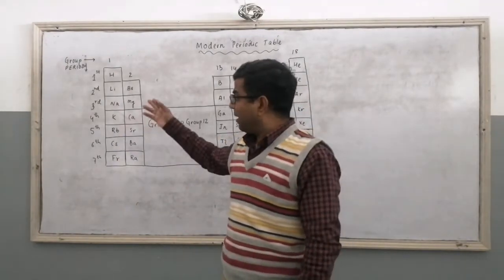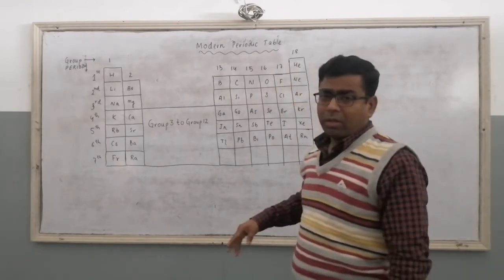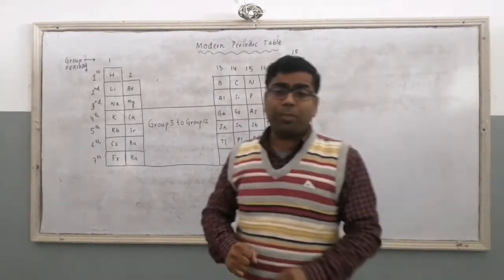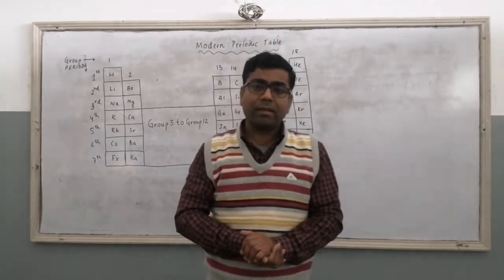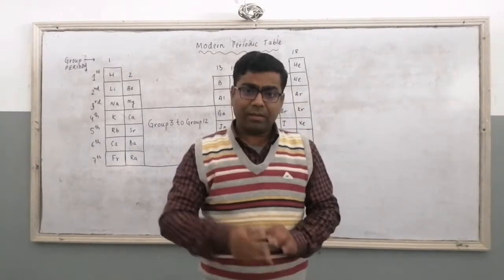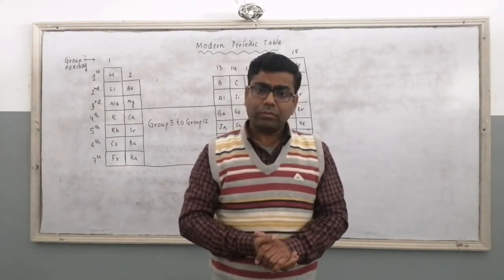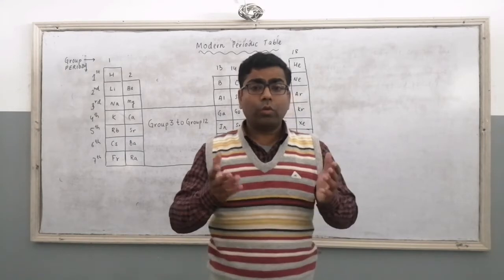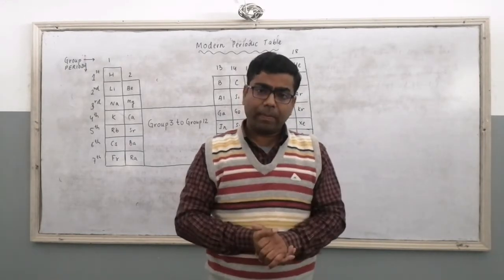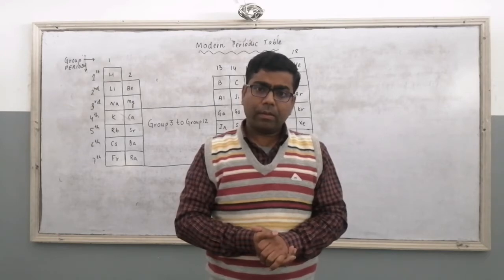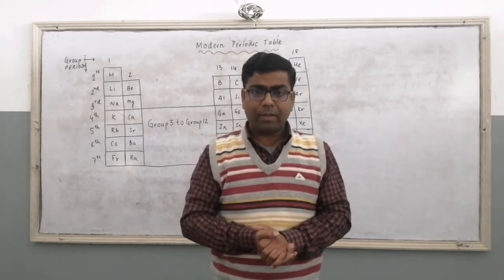Lithium, beryllium, boron, carbon, nitrogen, oxygen, fluorine and neon all belong to the second period. So for all these elements, the valence shell, the outermost shell, will be the second shell. So elements which belong to the same period will have the same valence shell.